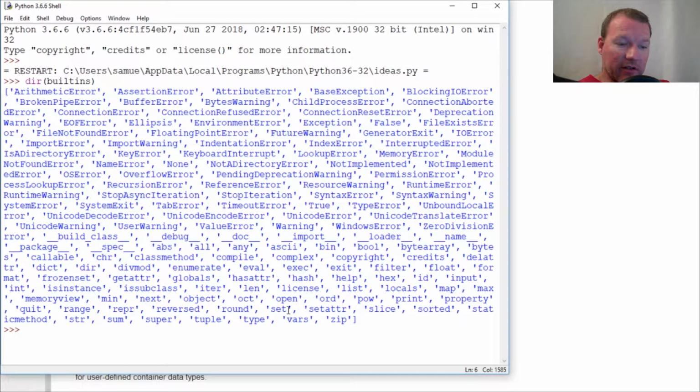These are the things that are sitting out there. Here's your print function, and what was it, license, and then what, copyright. Let's see, credits and copyright, there they are. Because you wouldn't call those keywords, because that is another module, but these are built-in constants.